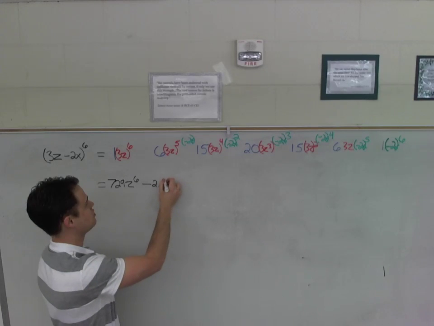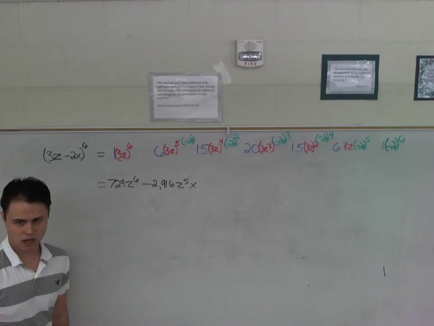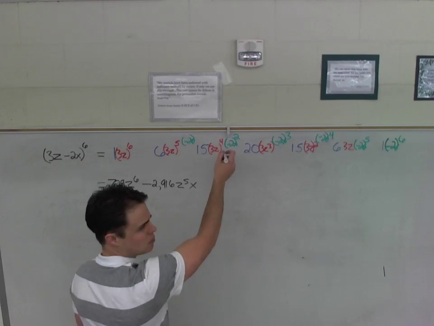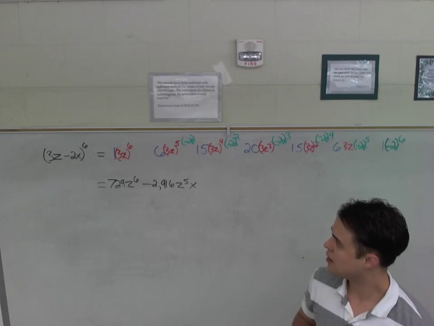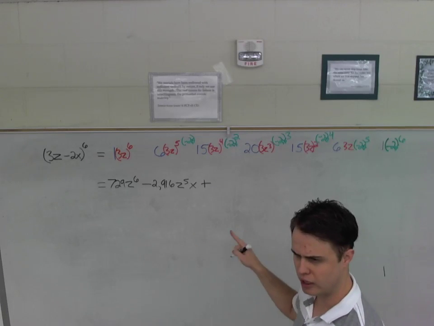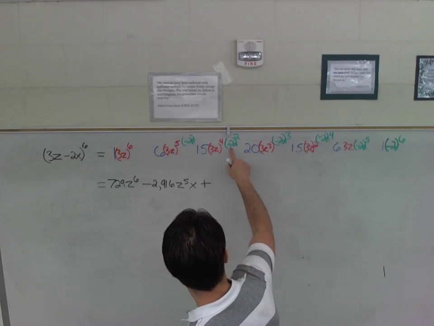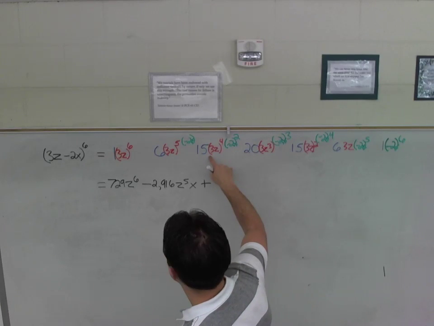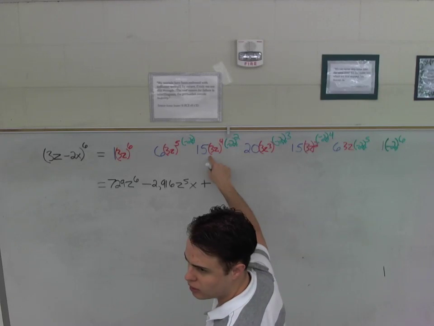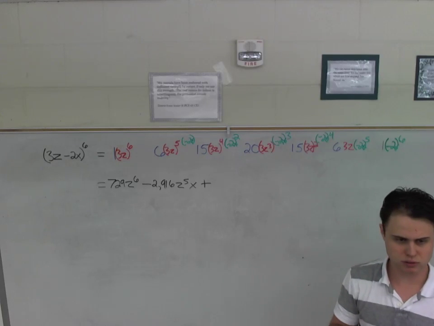Z to the 5th X. This one, is it going to be plus or minus? Negative, even power, plus. I think it's going to alternate, odd, even, odd, even. Cool. So we got 4, and that one is 81. 4 times 81, what's that? It's like 700. Times 15, who's got it for sure?